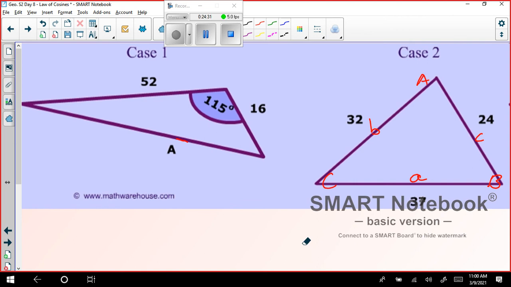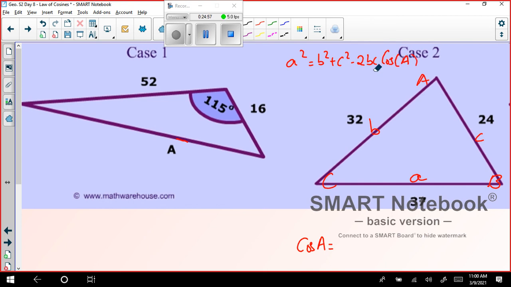Now to find A, the formula is what? Cos A. But before that, remember that a square equals b square plus c square. Here, what was the formula? A square equals b square plus c square minus 2bc of cos A. This is what you are rearranging.